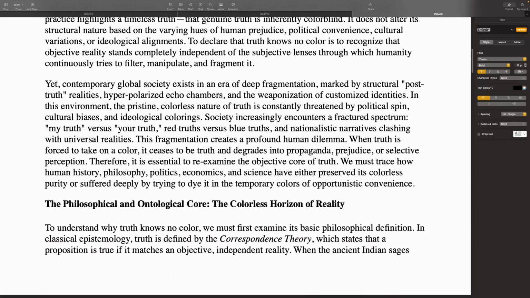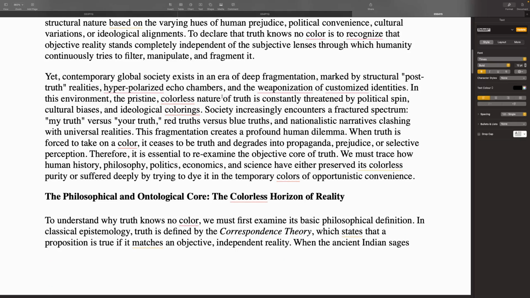Yet contemporary global society exists in an era of deep fragmentation marked by structural post-truth realities, hyperpolarized echo chambers, and the weaponization of customized identities. In this environment, the pristine, colorless nature of truth is constantly threatened by political spin, cultural biases, and ideological colorings. Society increasingly encounters a fractured spectrum: my truth versus your truth, red truth versus blue truth, and nationalistic narratives clashing with universal realities.